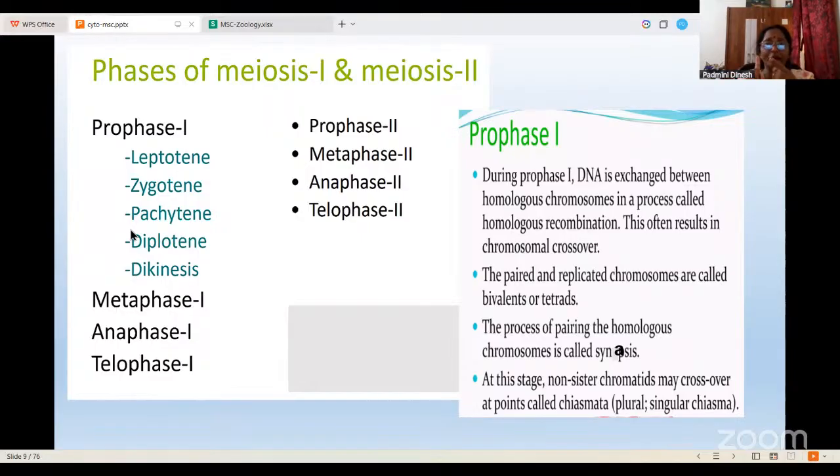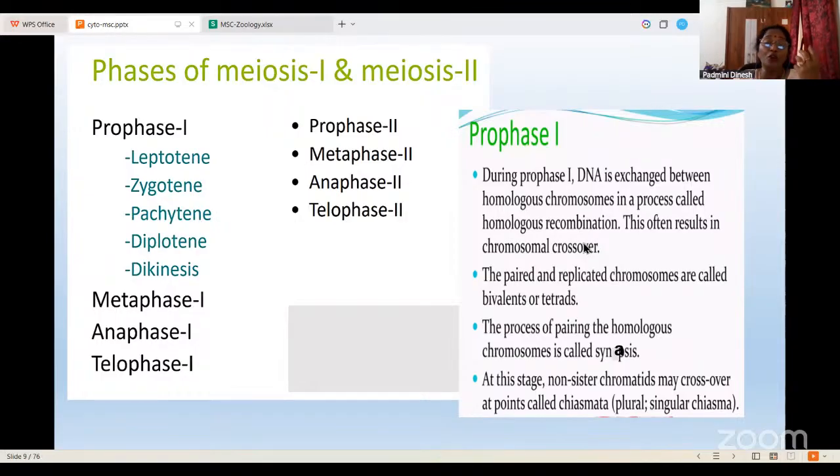Fingerprinting is different from one person to another. Given that there is so much human population, you still say that no two people are alike. How is this possible? It is possible because we have this homologous recombination.